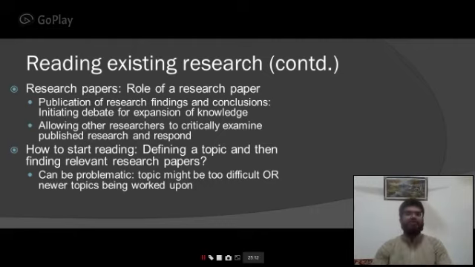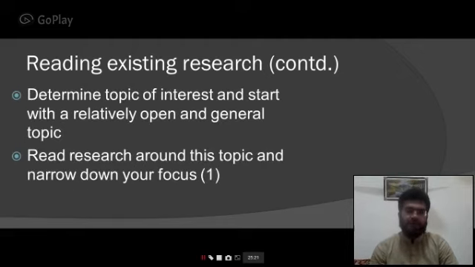So instead of trying to choose a very specific and sharp topic in the beginning, what is advisable and recommended for beginner researchers is to just determine your topic of interest and keep this relatively open and general, and with that you start researching around this topic.